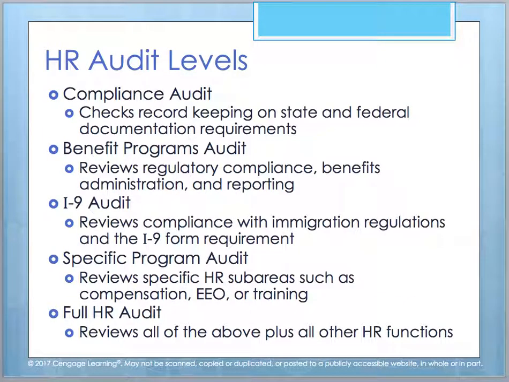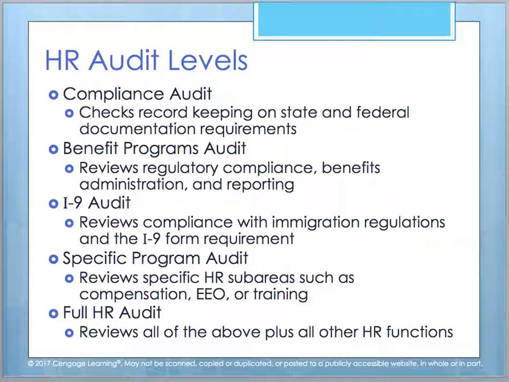Then we have the various levels that we audit, and here's the 5 where we're looking at compliance. We are checking our record keeping on both state and federal requirements. We're looking at regulatory compliance demands, as well as any benefits administration reporting as it's tied to our benefit programs.